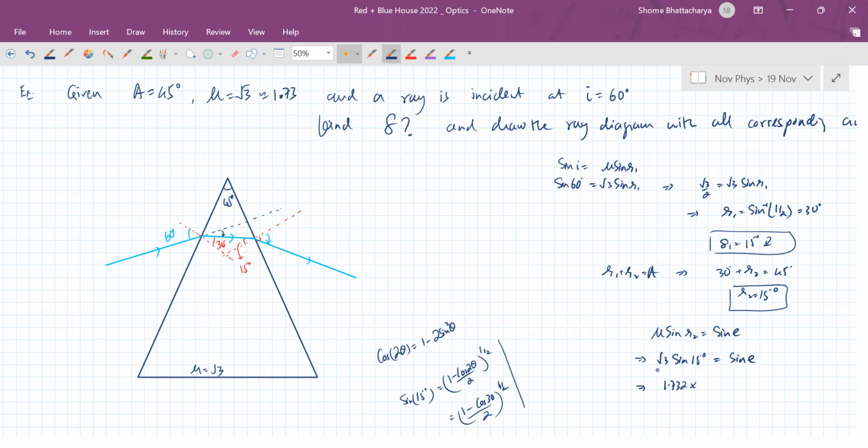So sin 15 is approximately 0.26. So from this E will come out to be sin inverse of about 0.45, which will be approximately 26.6 degrees.